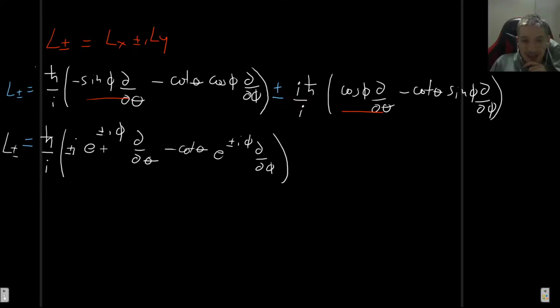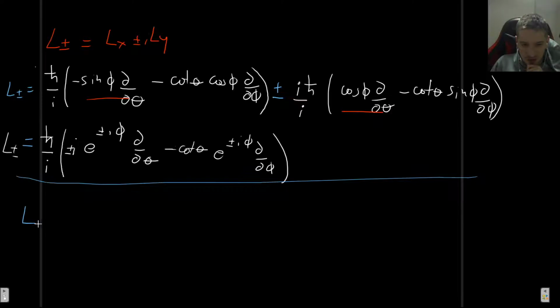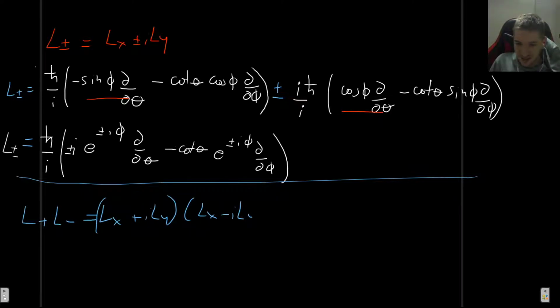Okay, so now we want to go ahead and rewrite the L squared in terms of these raising and lowering operators. So let's take a look at L plus, L minus. Okay, let's take a look at this product, but for now, still in just this form. Lx minus i Ly. Okay, so if we have this, we're going to get Lx squared.